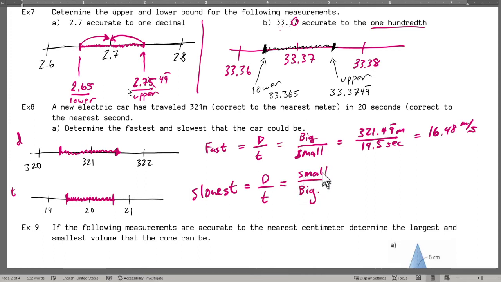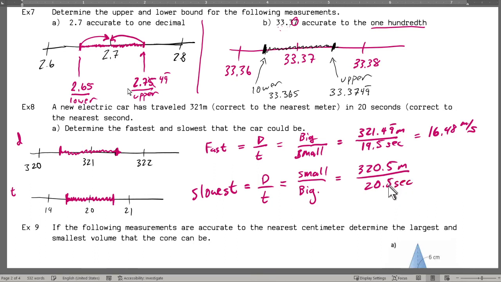So I need to go not very far, small distance, and it needs to take me a long time. So my smallest possible distance was 320.5 meters, and my biggest possible time, the longest it could have possibly taken me, would have been 20.5 or 49 repeating seconds.